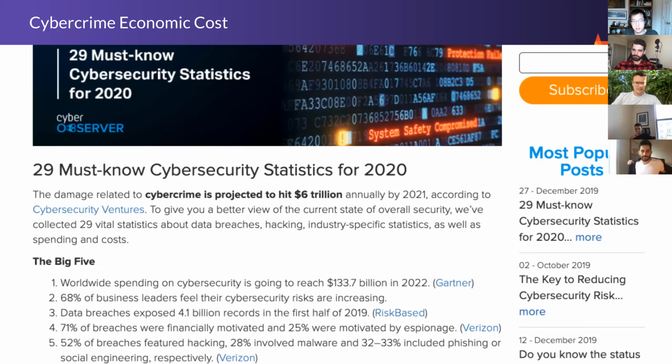To put this into reference, that is more money than the vast majority of economies on the entire planet generate. Like France, their GDP is maybe around 2 trillion. So there's more money lost as a wealth transfer for cybercrime than all of the economic output of France in 2021. That's what we're talking about.